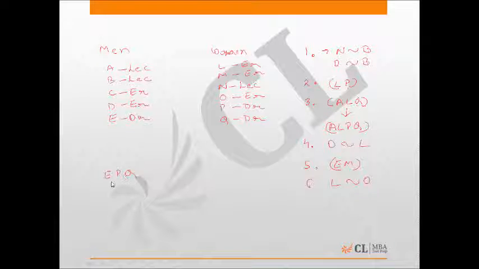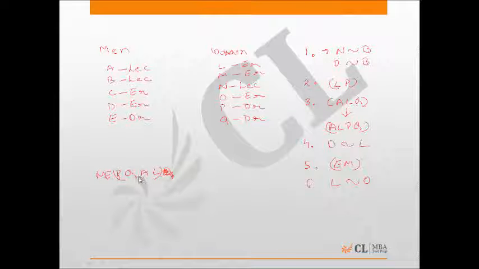Once I have selected P, I'll be bound to select A, L and Q. Q I have already selected. I'll be bound to select A and L. So with P and Q, I have got this group of P, Q, A and L. And with E, I knew that M was mandatory from statement 5. So using statements 5 and 3, I see that these 6 people have to be there.